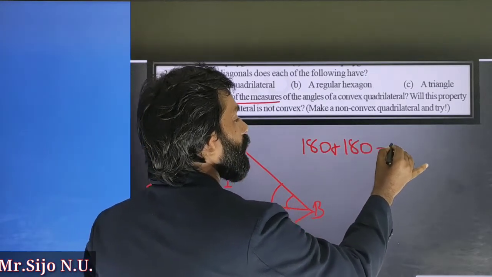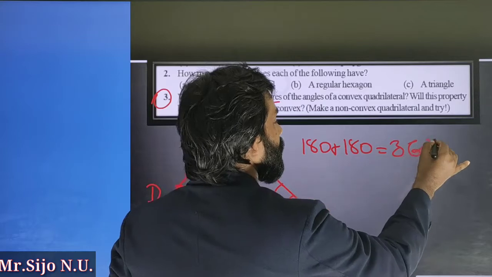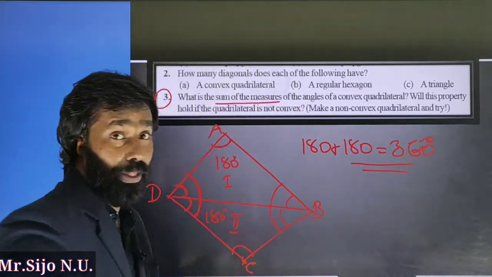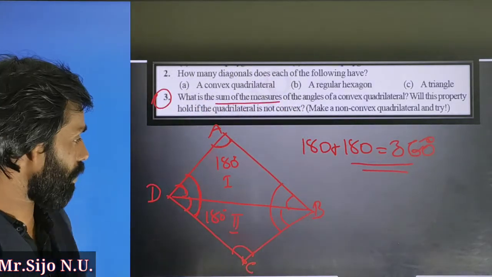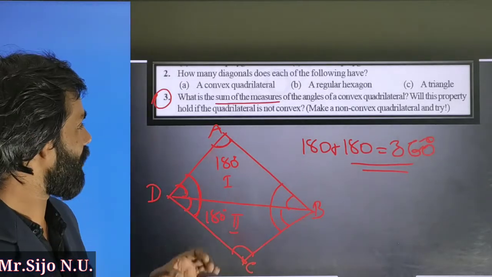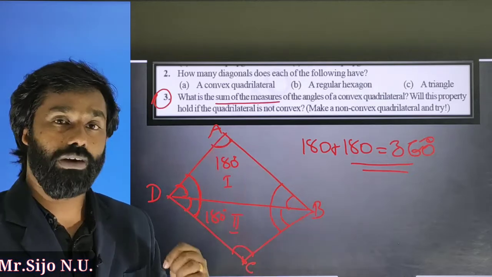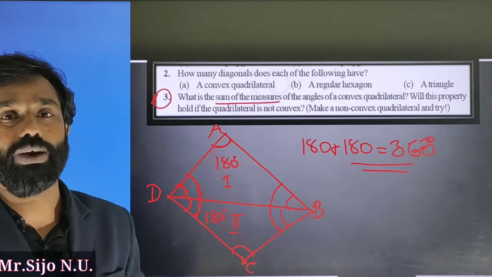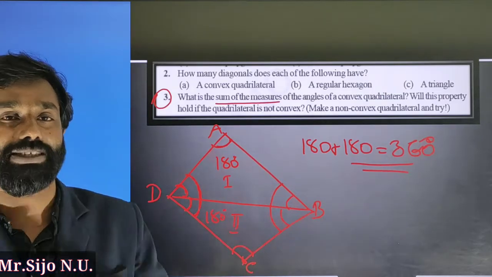So it should be 360 degrees. So we can say in a quadrilateral the sum of the angles should be 360. Whether it is convex or concave, whatever it is, the sum of the angles of a quadrilateral should be 360 degrees.